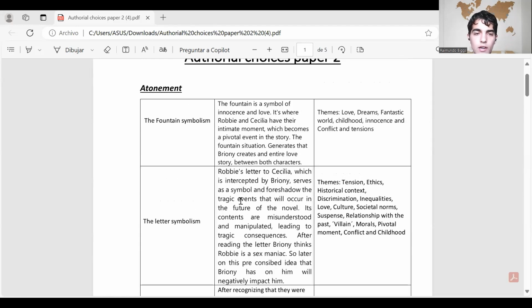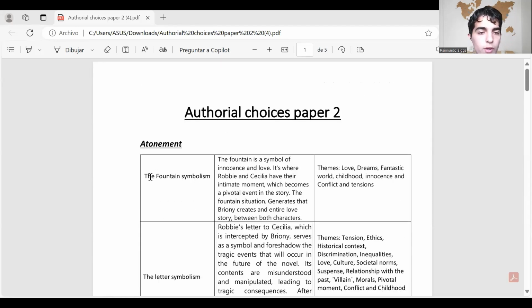So here I chose all the authorial choices from Atonement. What are authorial choices? These are decisions that authors make in the novel that have some meaning and can be analyzed, for example, character construction, metaphors, all these literary devices, symbolisms.